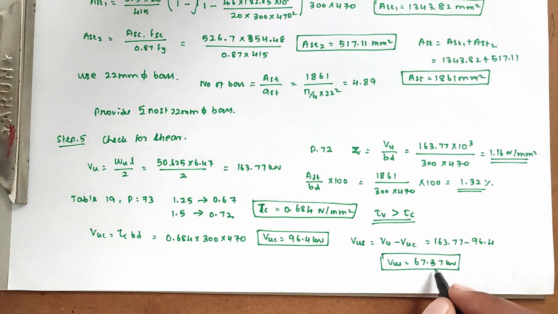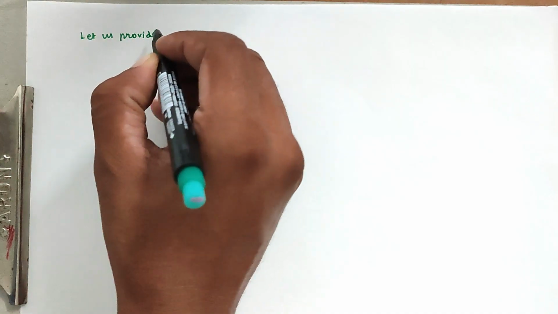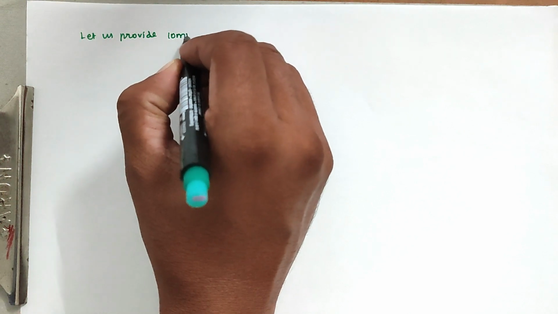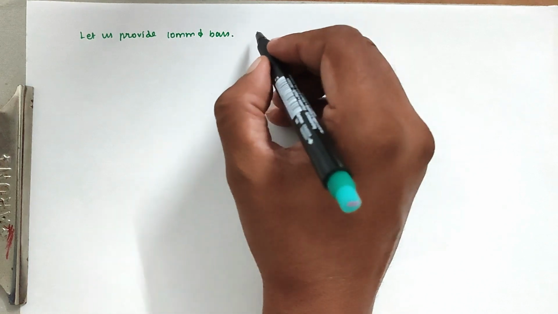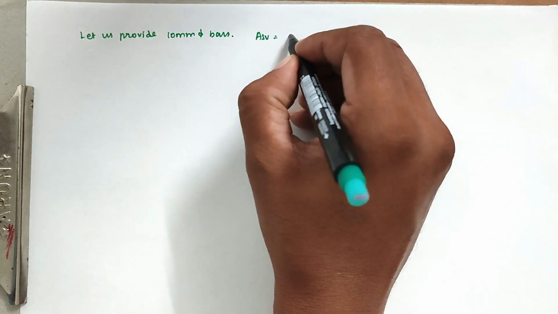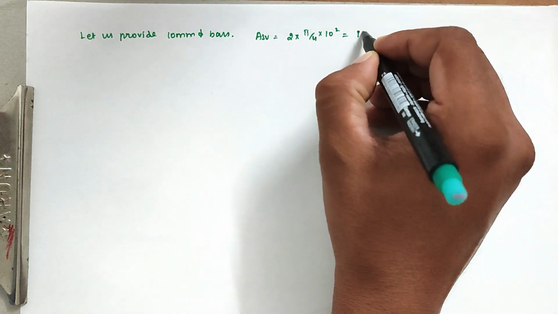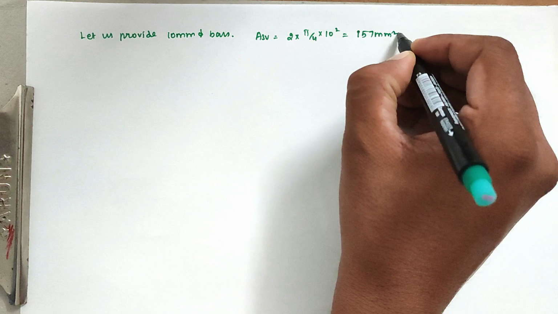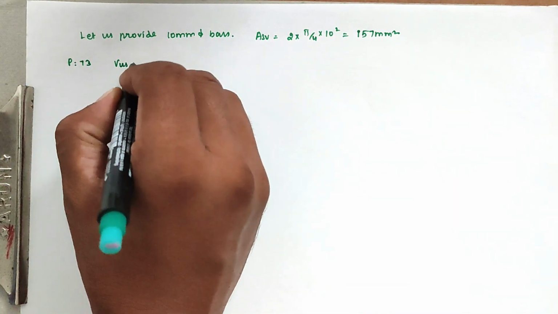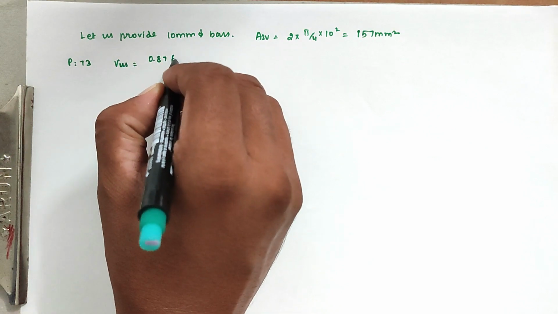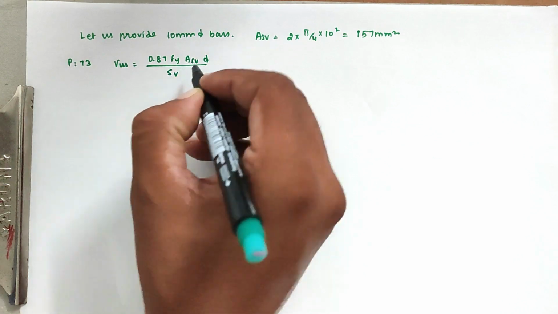So for that VUS we can provide the shear reinforcement, that is stirrups. So let us provide 10 mm dia bars. Okay, so now ASV equal to 2 into pi by 4 into 10 square, so that is 157 mm square. Okay, so from page number 73, VUS equal to 0.87 Fy ASV into D divided by SV.